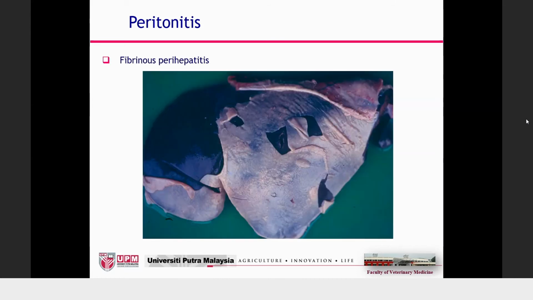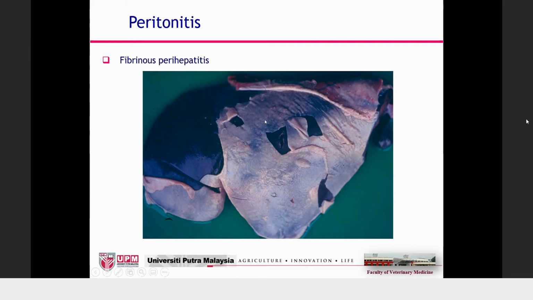So in this liver of cattle, you can see that the hepatic parenchyma is darkened, very darkened. And you can see whitish material in this case, covering the capsular surface of the liver. And this is actually fibrin, yeah? But of course more advanced.